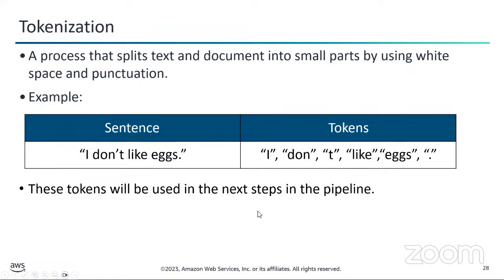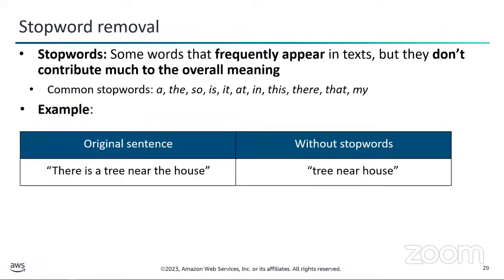So once you have tokenized it, then you have to remove those stop words. The stop words are the words that are very common. They appear very frequently in text, but they don't contribute much to the overall meaning. They are basically for humans. When we're talking, we need to stop in the middle, at least give us some pause.